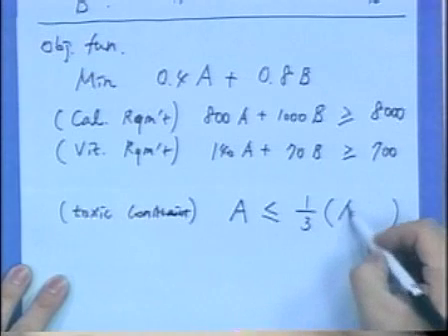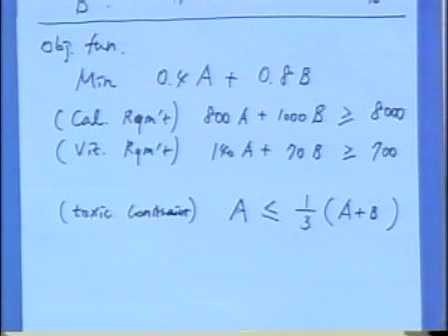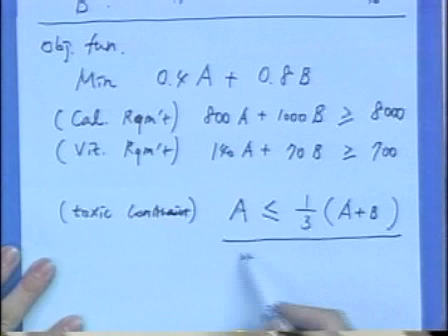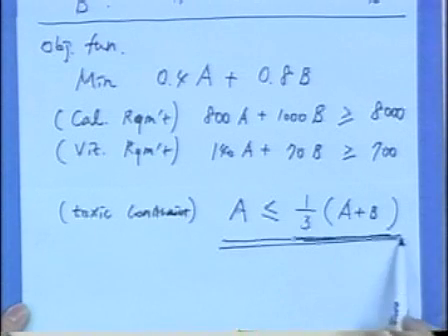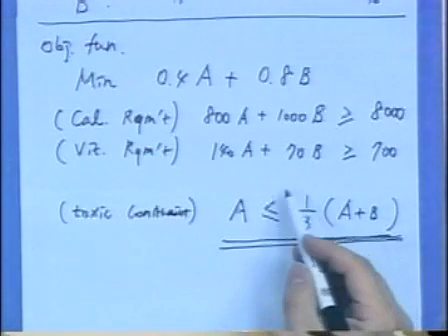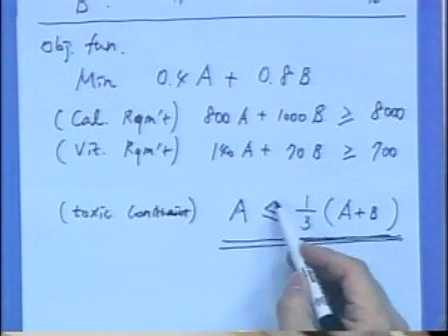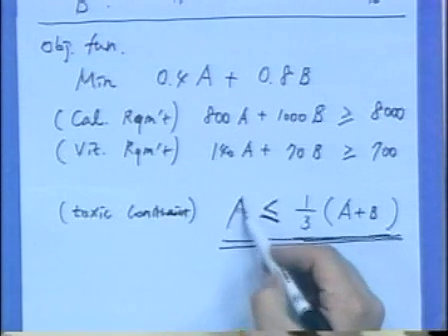A plus B, right? Does this make sense? So this expression exactly tells that no more than 1/3 of the diet can consist of feed type A in it, right?